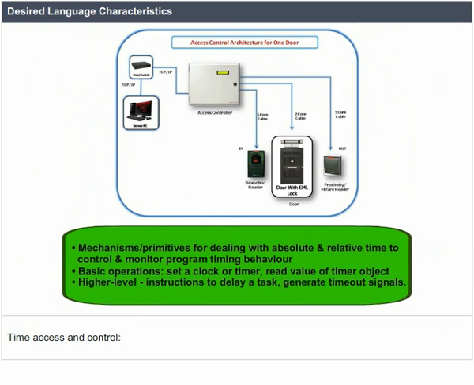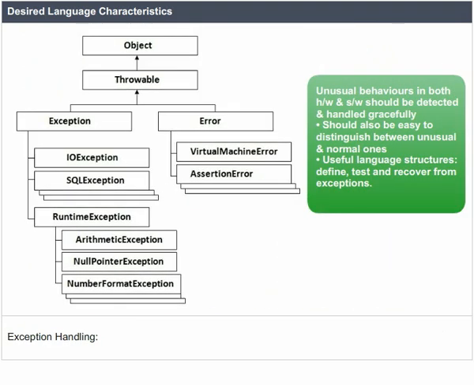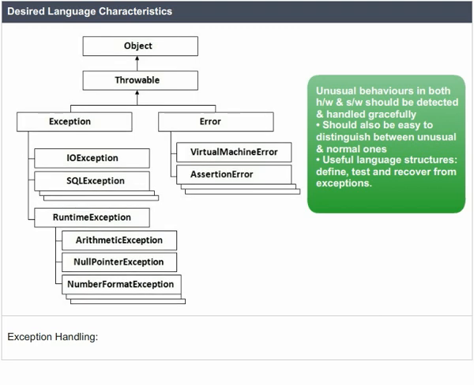Basic operations: set a clock or timer, read the value of a timer object. Higher level: instructions to delay a task, generate timeout signals. Exception handling: unusual behaviors in both hardware and software should be detected and handled gracefully, and it should also be easy to distinguish between unusual and normal ones. Useful language structures define, test, and recover from exceptions.